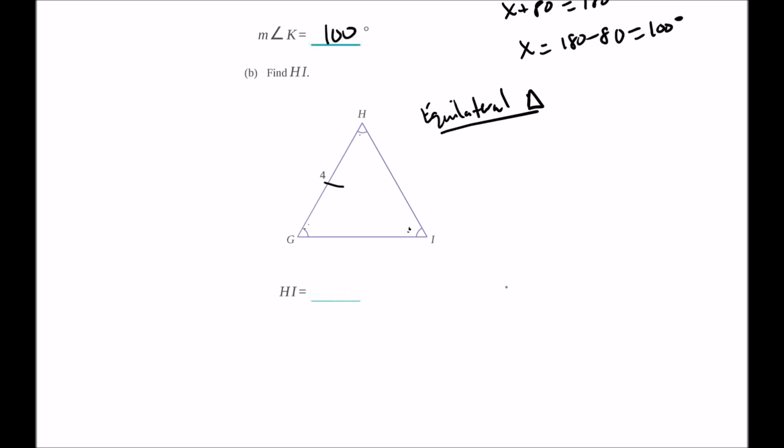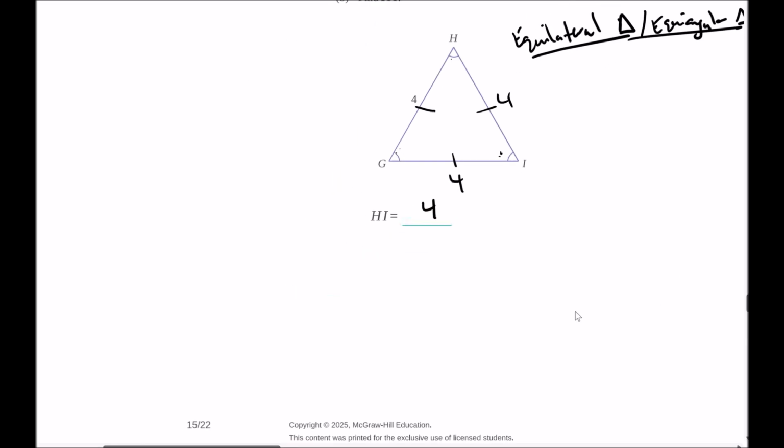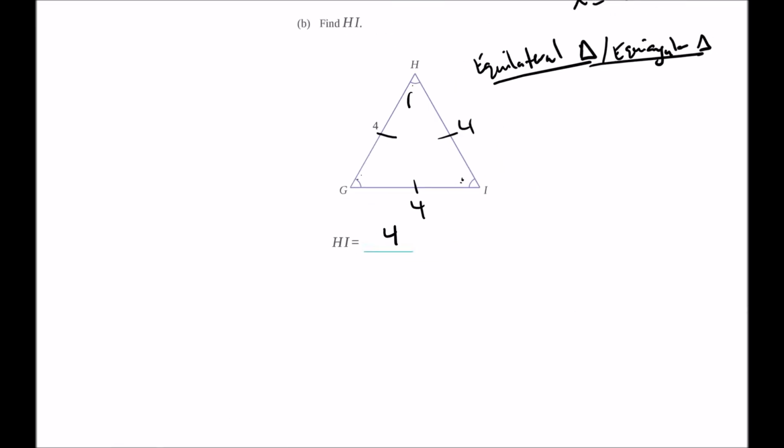Okay, so if this is 4, this is 4, and then this is also 4. Equiangular means same angles, equilateral means same sides. So that's it. HI must be 4. By the way, that also means these angles have to be all 60 degrees if they ask for that, because 60 plus 60 plus 60 is 180.